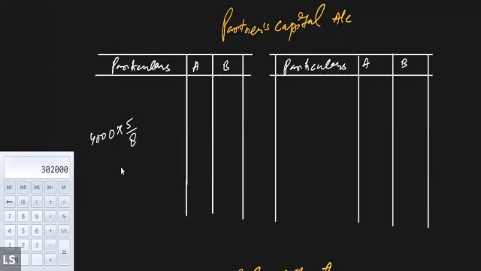So that means 5/8. And if we calculate 4,000 into 5/8, we will get 2,500.